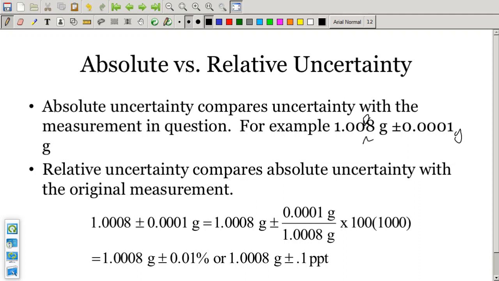That's a very small error. You can also report these as just straight up fractions, in which case it would be 1 times 10 to the negative fourth. But oftentimes we use percentages or parts per thousand. And you'll see this in some of the labs that you do later in the semester.